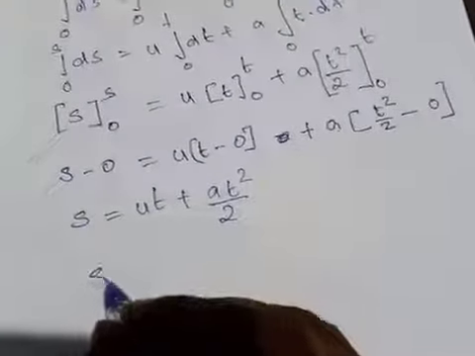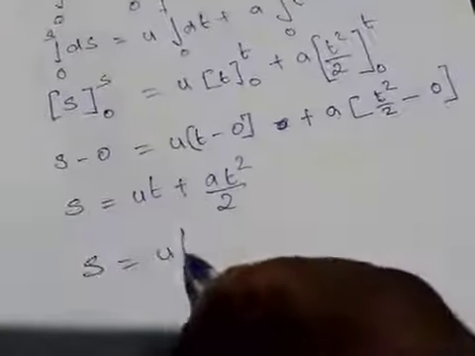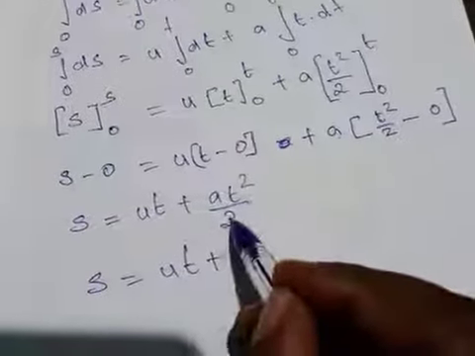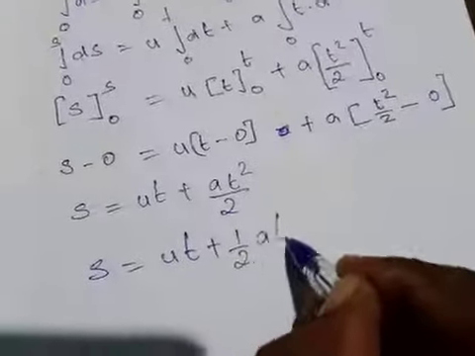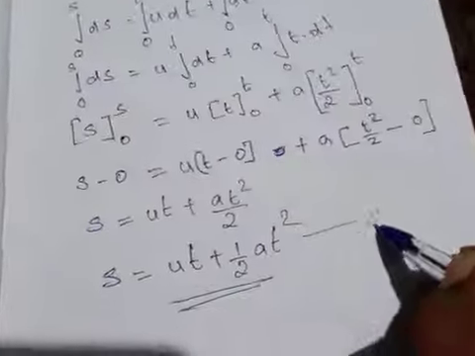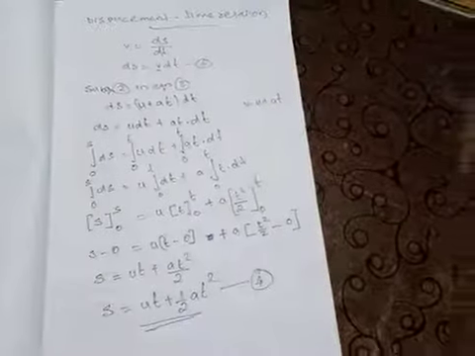So we got the second equation: s is equal to ut plus, taking 1 by 2 outside, 1 by 2 at square. This is equation 4.